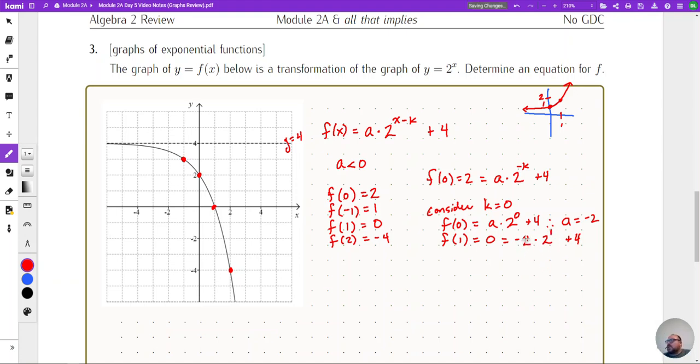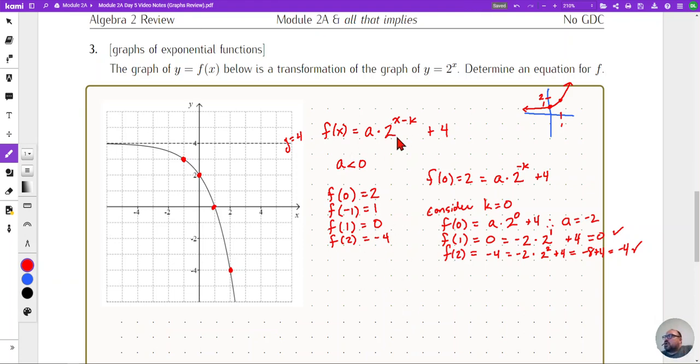And -2 times 2 to the first power is -4, plus 4, that's equal to 0. So that seems to work for us. Let's try with f of 2. f of 2 is equal to negative 4, and that'll be negative 2 times 2 squared plus 4, and that would be negative 8 plus 4, which is negative 4, and so that seems to work for us as well.